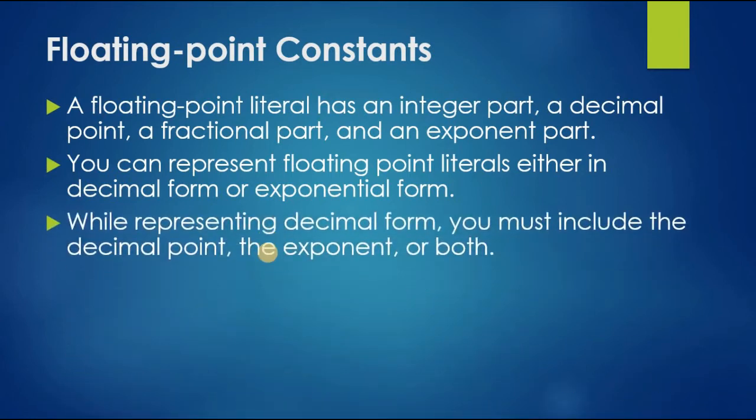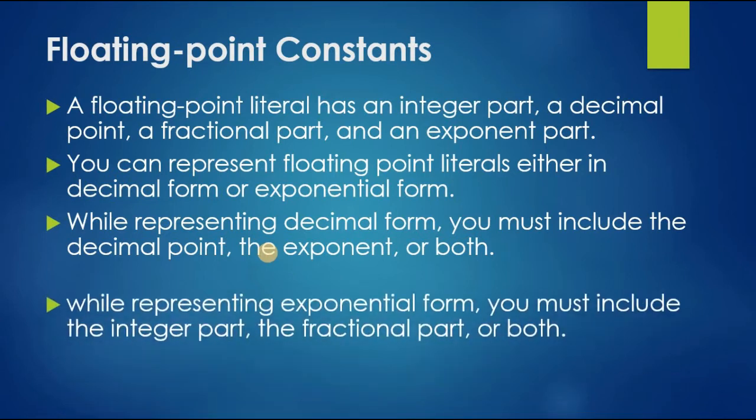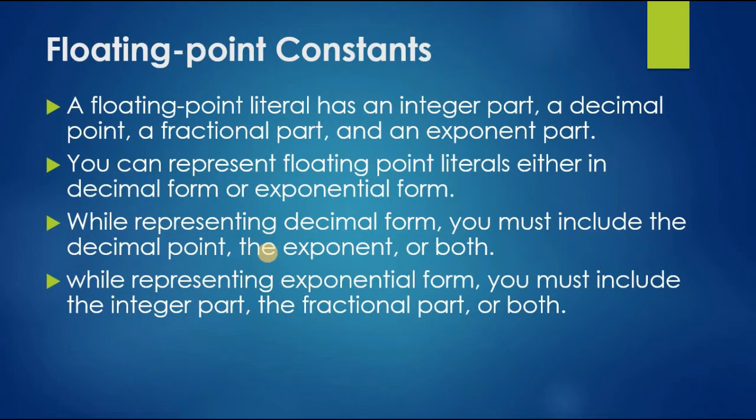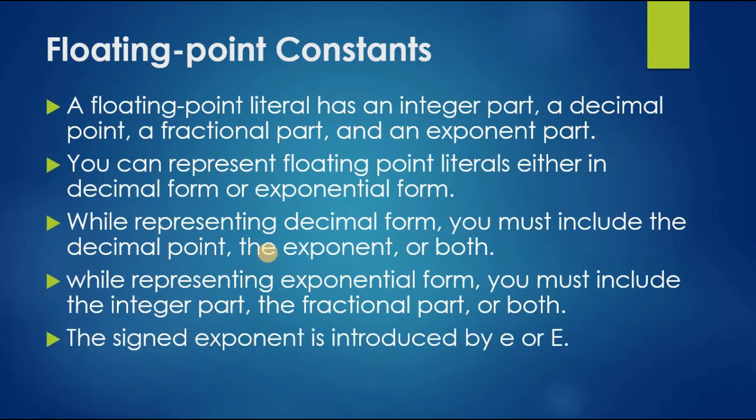While representing decimal form, you must include the decimal point, the exponent or both. While representing exponential form, you must include the integer part, the fractional part or both. The unsigned exponent is introduced by a small letter e or a capital letter E.